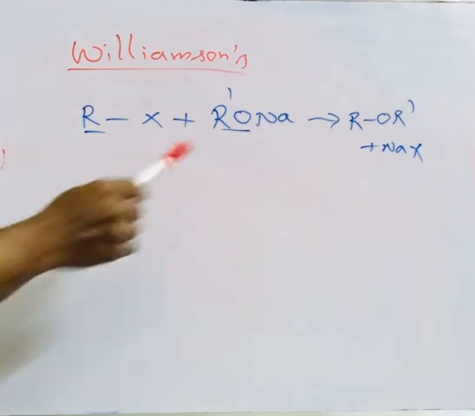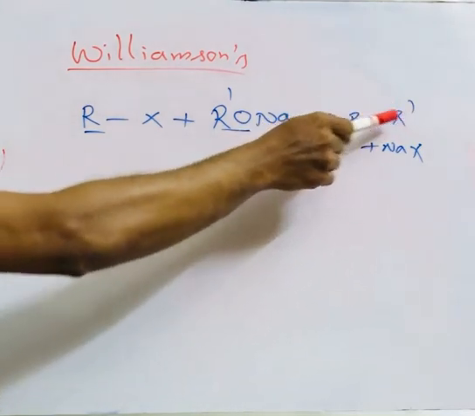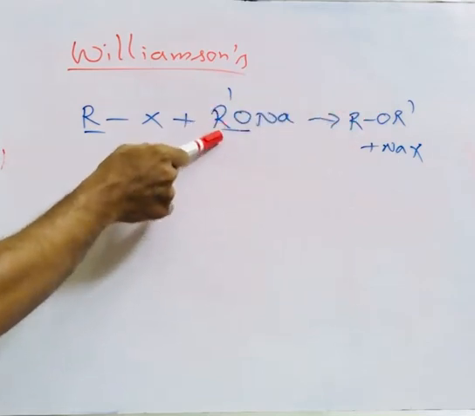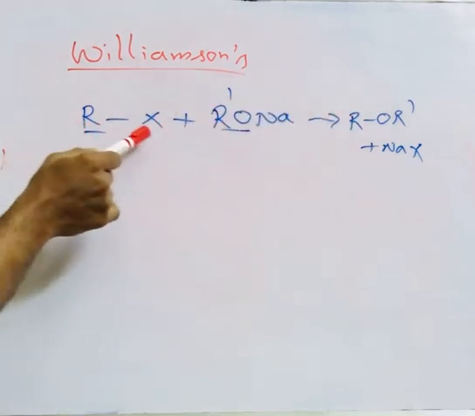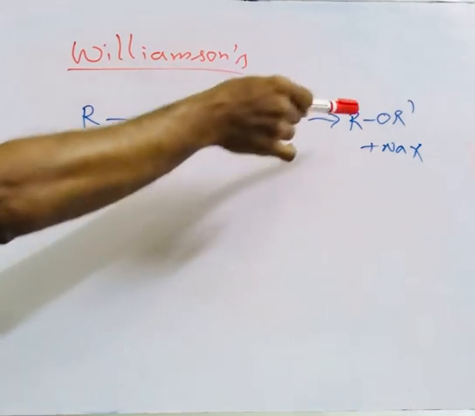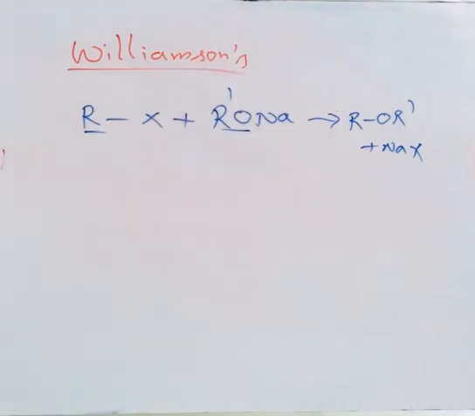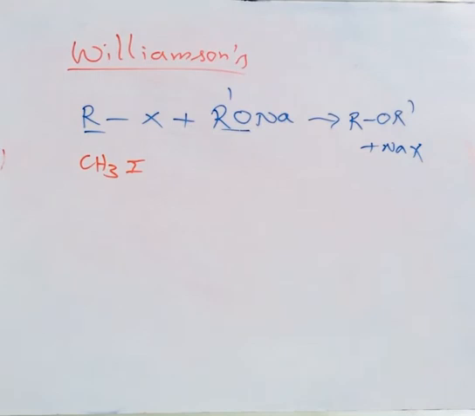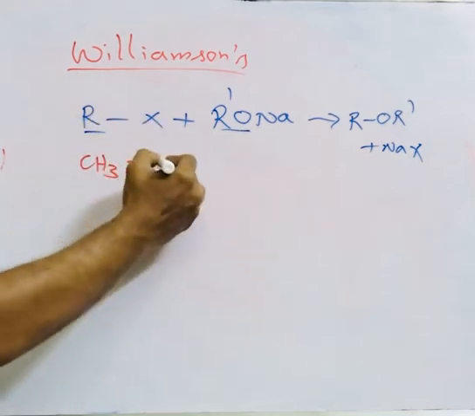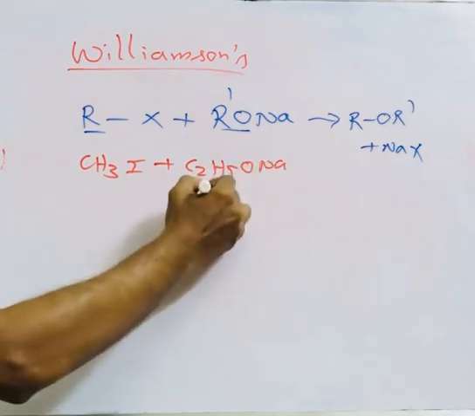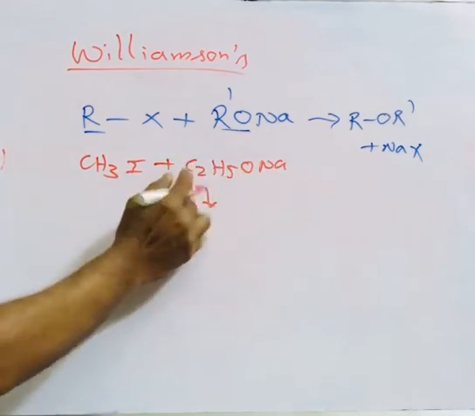If you want the same ether, where both are R, like ethyl group, then you can take ethyl halide and sodium ethoxide, and you will get diethyl ether. So this is the way we can see it. For example, if I want to prepare a different ether, CH3I, methyl iodide, can be reacted with sodium ethoxide, C2H5ONa.